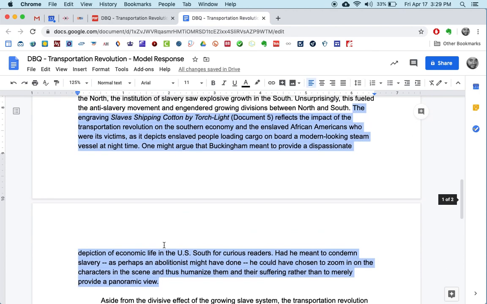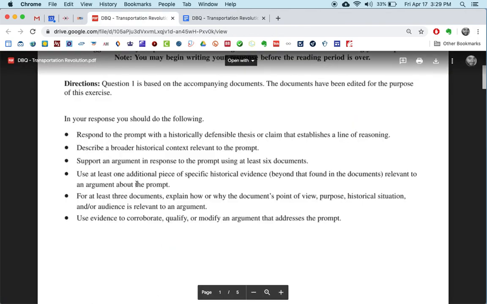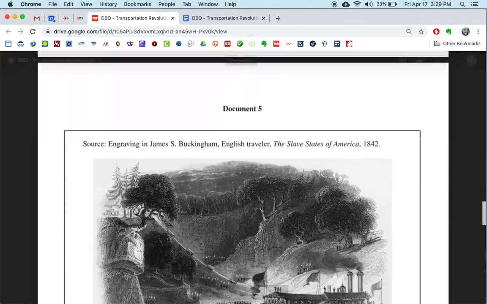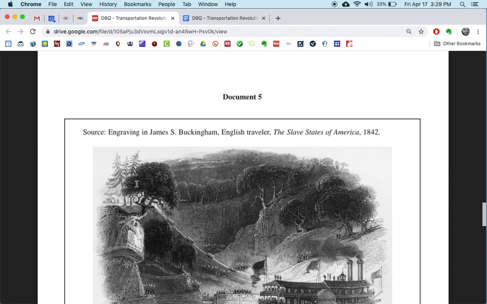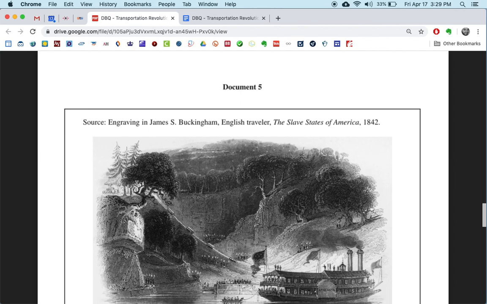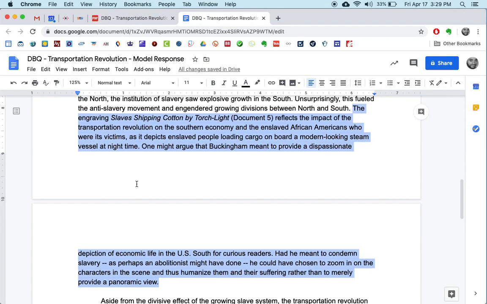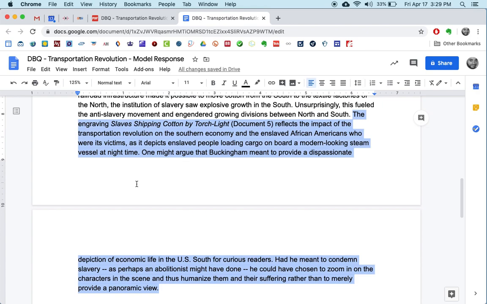Document 5, remember, is this document here, an engraving by James S. Buckingham, an English traveler, in a book called The Slave States of America. I say, the engraving, slaves shipping cotton by torchlight, and I provide the citation, reflects the impact of the transportation revolution on the Southern economy and the enslaved African Americans who were its victims.